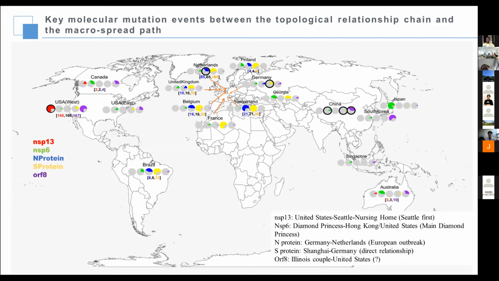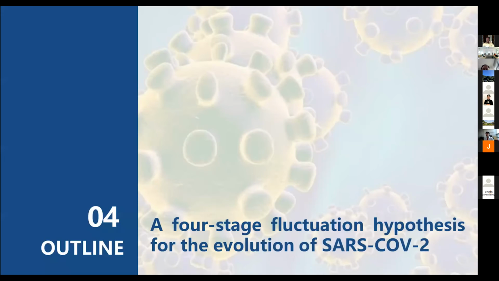From this picture, it's really very clear that we can give some reasonable spreading paths for SARS-CoV-2. These are all results based on our calculations.